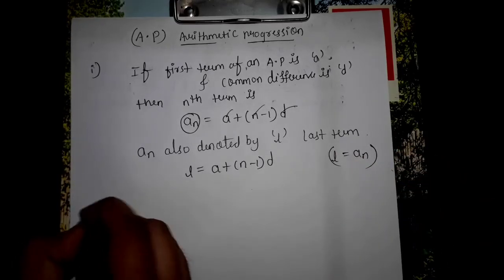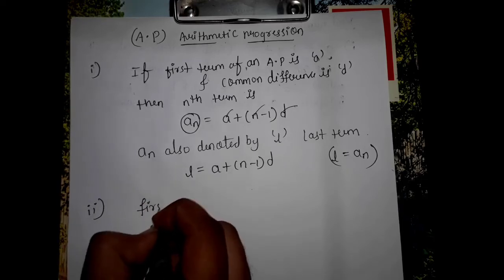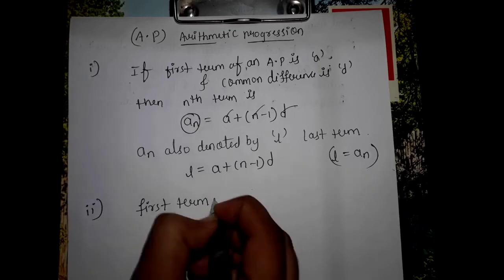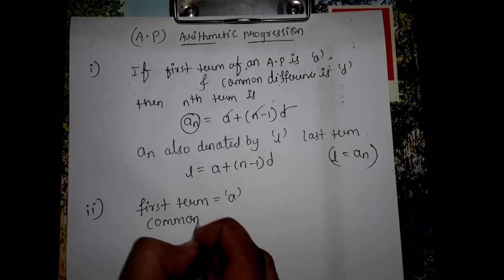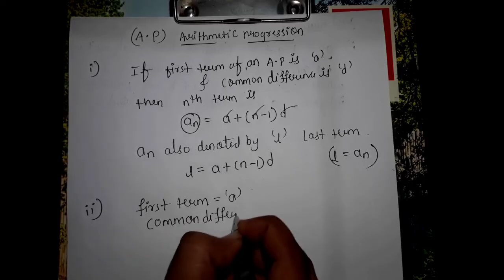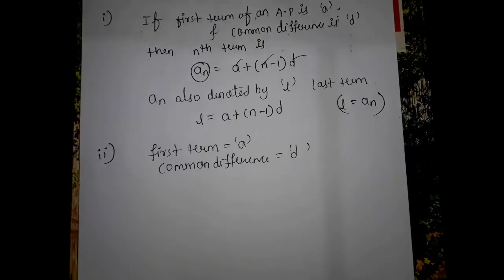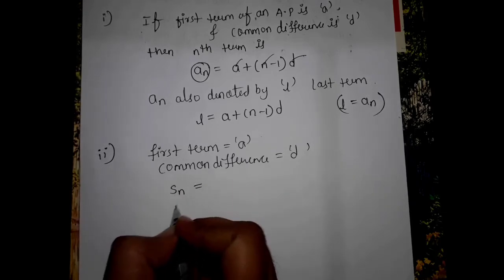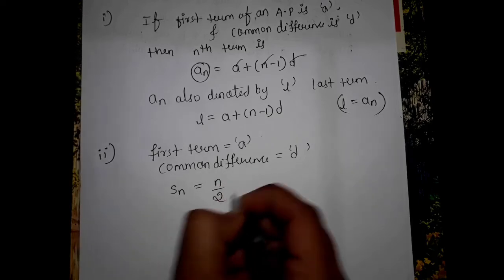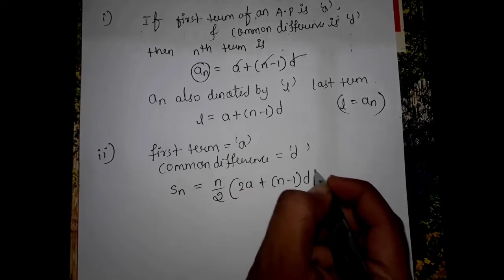Next comes the sum formula. If they give the first term as a and common difference d, and ask us to find the sum of all the terms of an AP, then the formula is Sn, meaning sum of n terms, is equal to n by 2 into 2a plus n minus 1 into d.